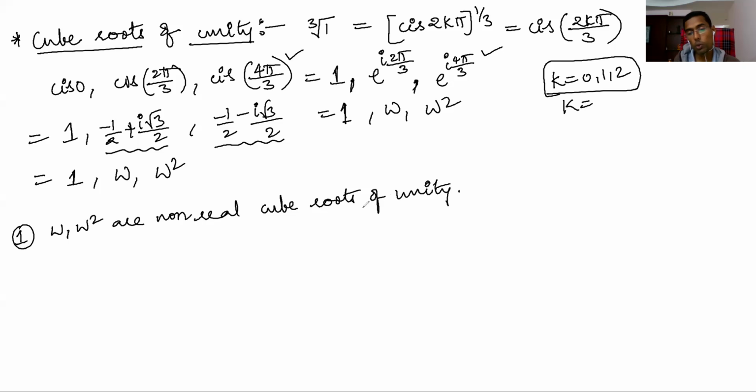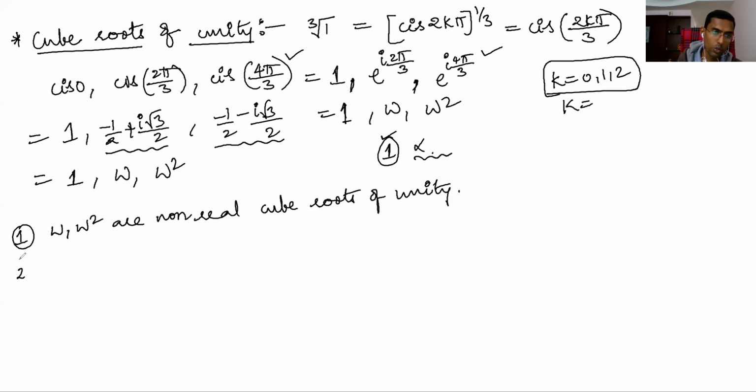Very important, because in the problem they say, if alpha is a non-real cube root of unity, or non-real fourth root of unity, fifth root of unity, like that. Always understand, not only for cube roots of unity but for nth roots of unity, one is the only real root, and the remaining are all non-real, complex or imaginary. Here also omega and omega square are non-real cube roots of unity.